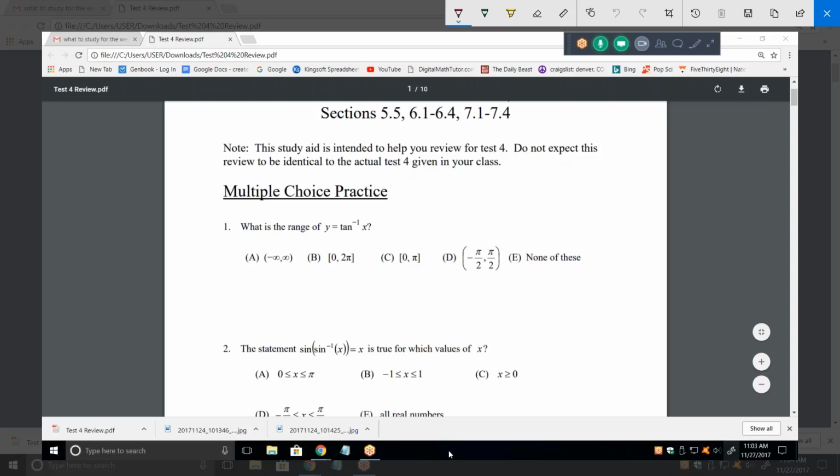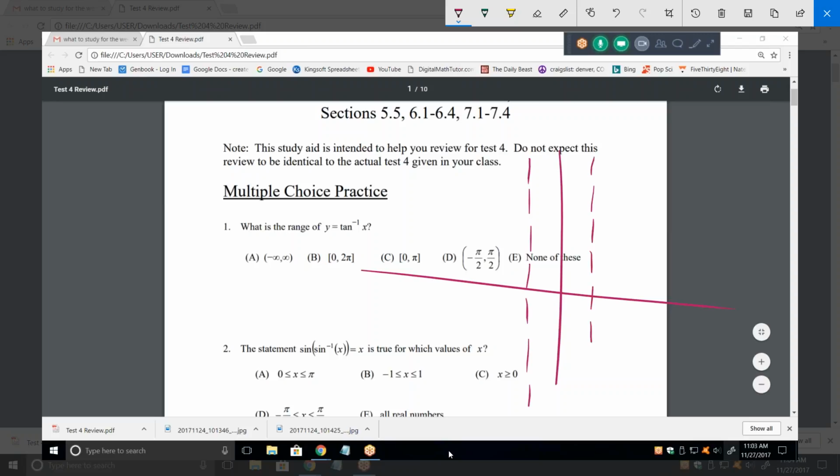So, if we look at a curve of tangent of x, we could go straight to inverse tangent, but most people have a hard enough time figuring out the curve of the tangent. And this is what it looks like. It's got asymptotes and goes from negative infinity to positive infinity.